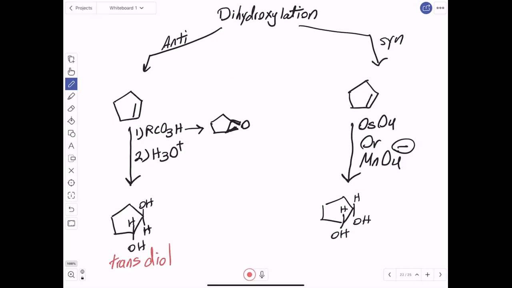For syn dihydroxylation, the reagents that you need to know are osmium tetroxide or permanganate. In both of these reactions, both oxygens will add to the same side at the same time. It's a one-step reaction. And the final product is, in this case, a cis diol. It's a syn addition. If we have a ring, the product is cis.